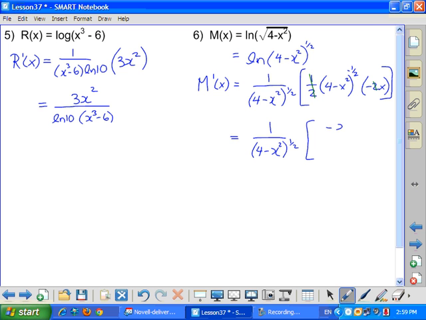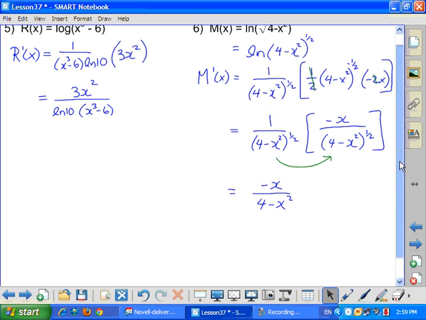So we have negative x left, and then this would be 4 minus x squared to the positive 1/2, because now it's in the denominator. And now, when you multiply these fractions together, the square root, or the 1/2, would disappear, so you just have 4 minus x squared in the denominator and negative x on top. So that's what the derivative reduces to. No logarithms, no exponential. You think it's going to be worse than it really is.